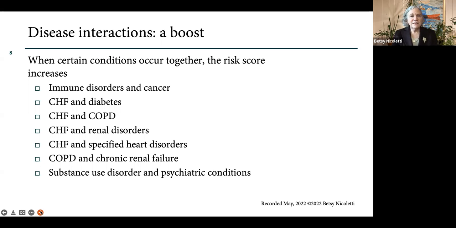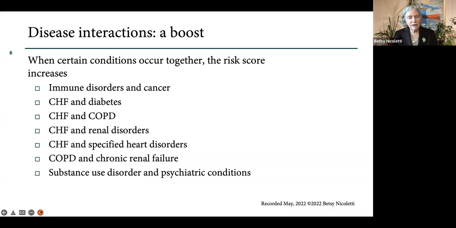Someone asked me, does this mean when I submit the claim, when I close the note, that I have to select congestive heart failure and diabetes on the same encounter? And the answer is no. The risk score for the patient is calculated by all of the diagnoses that are submitted in a calendar year by those providers that I mentioned earlier.